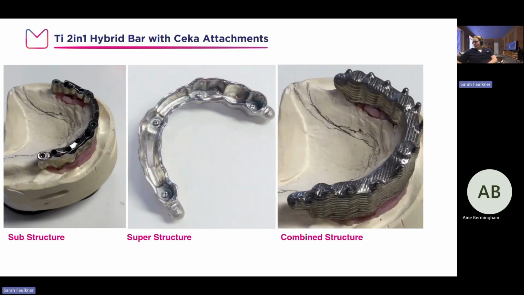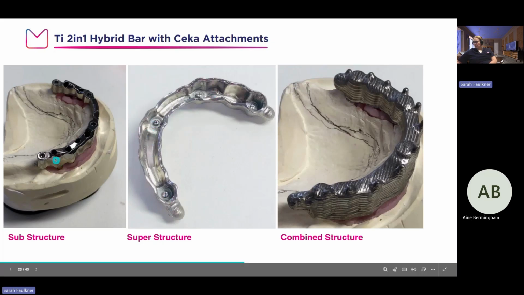This is going down a little bit more complex, and as you can imagine, needing a quite substantial amount of vertical height. So these are 2-in-1 hybrids, or the two-part. So basically you have a permanently screw retained bar section, and here we have a superstructure, and it has Seeker attachments.